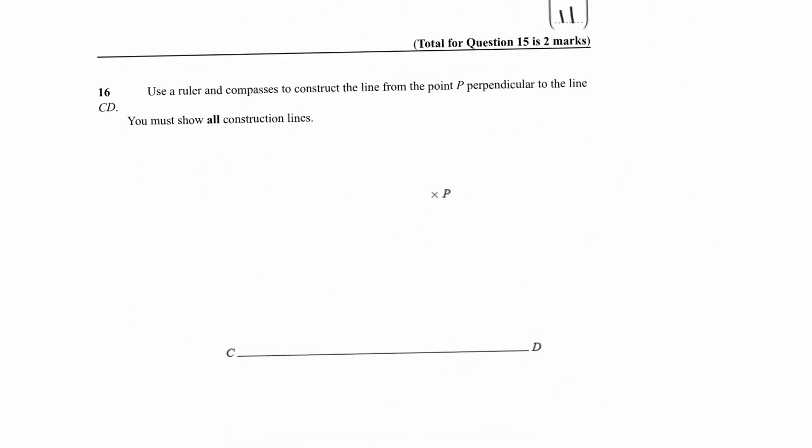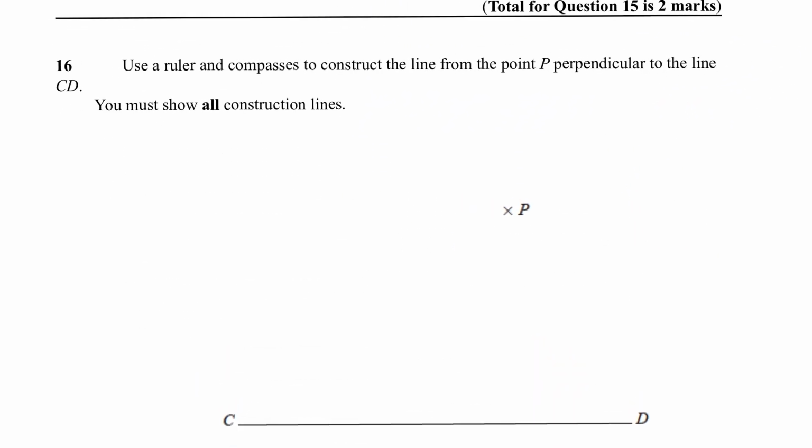And then moving on to question 16. So you have to use your ruler and a compass to construct the lines. With this question, I know I can't really do this on the screen, but I'm just going to show you a rough guesstimate of what it would look like.